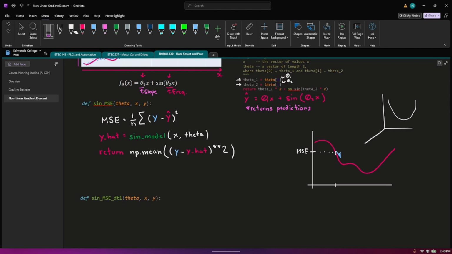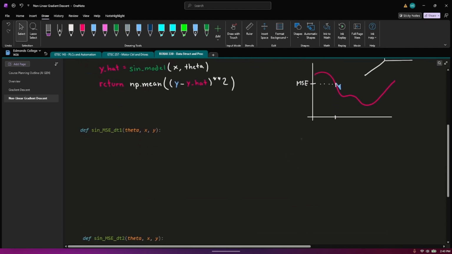That is a poor bowl. We're going to try that again. Say we've got some kind of bowl function here. We need the derivative, say our point is here, in this direction, and we need the derivative in this direction. And that is known as a partial derivative.